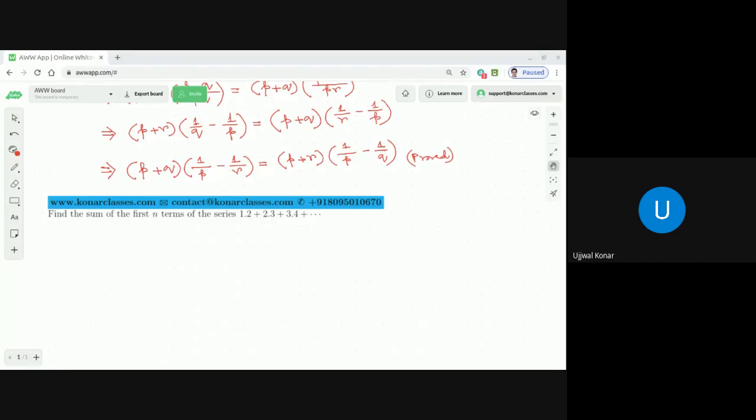Did you get it or not? No, sir, even I got n by 2 into 1.3 plus 1.1 n. Disha, what did you get? Even I got the same.